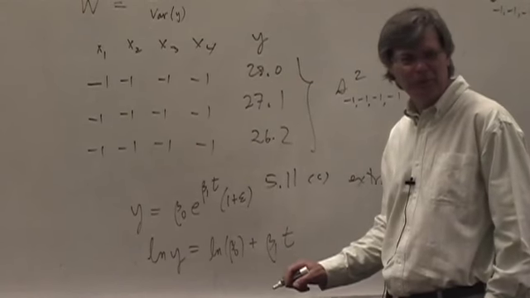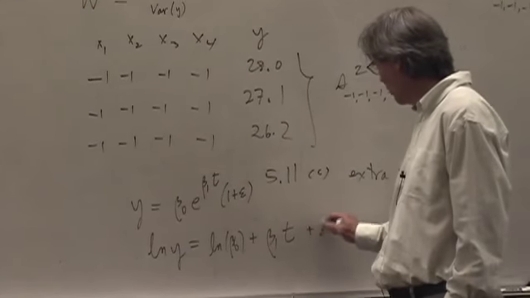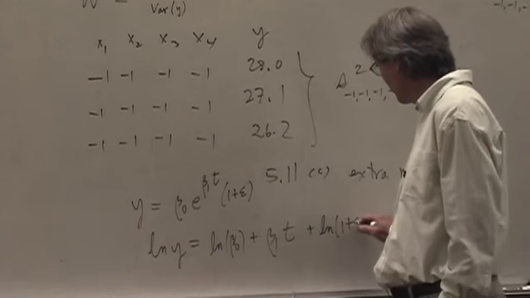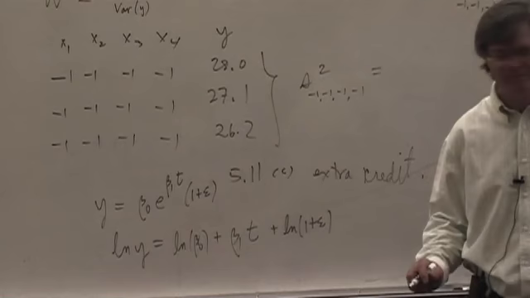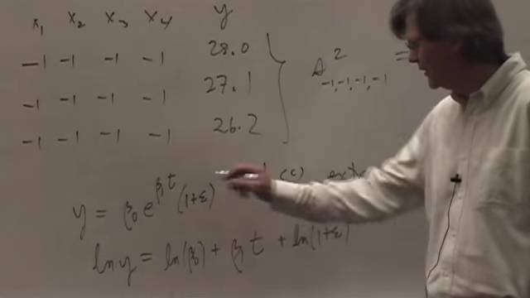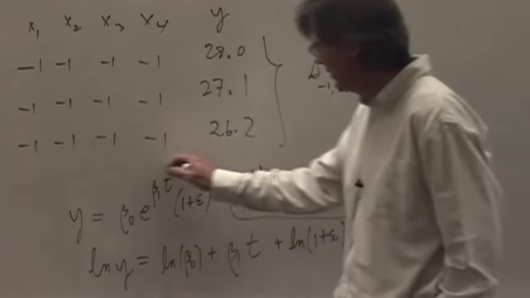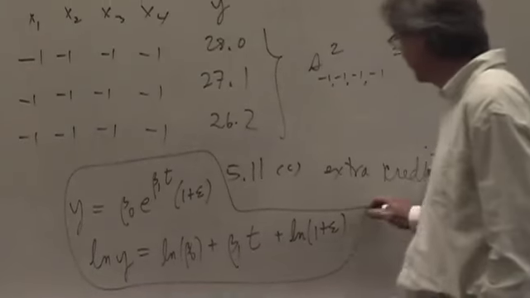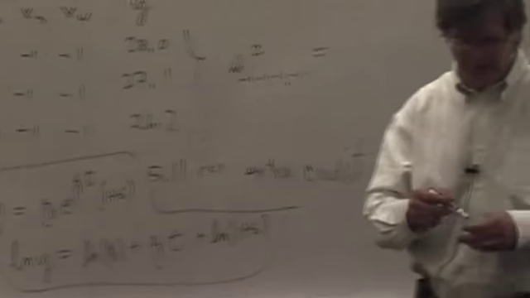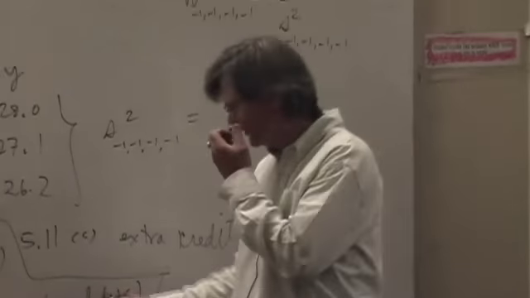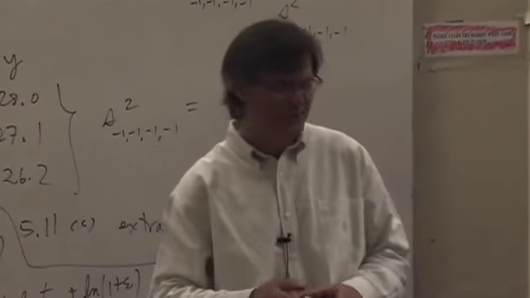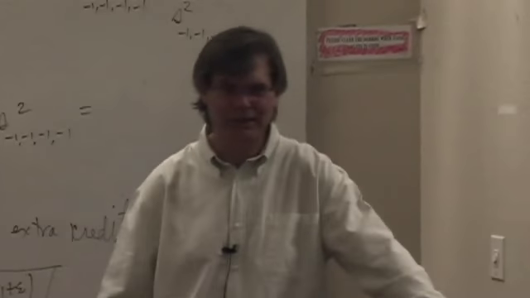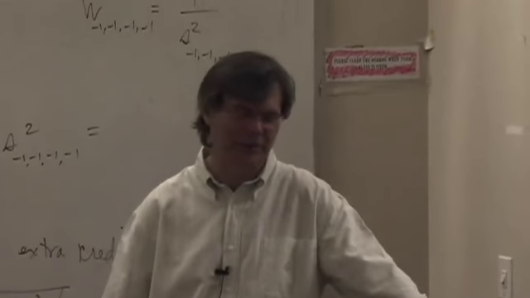Then you get plus log of 1 plus epsilon, which roughly behaves like epsilon. So I'll just make that one comment, that if you do have an exponential model, then if you want to get to the standard assumptions, you better be considering multiplicative errors here. Otherwise this transformation doesn't do you any good, or it doesn't help that much.